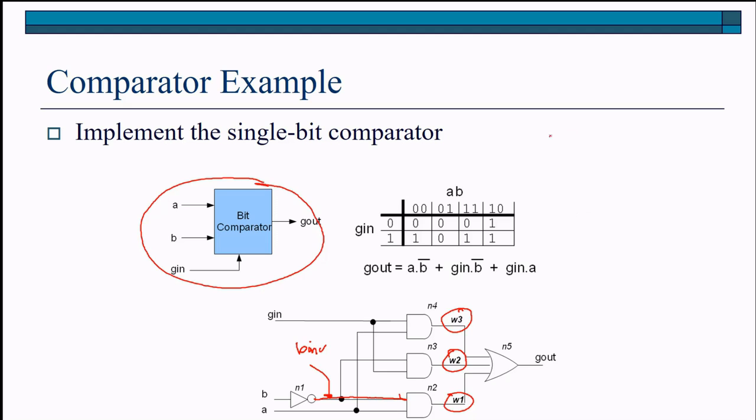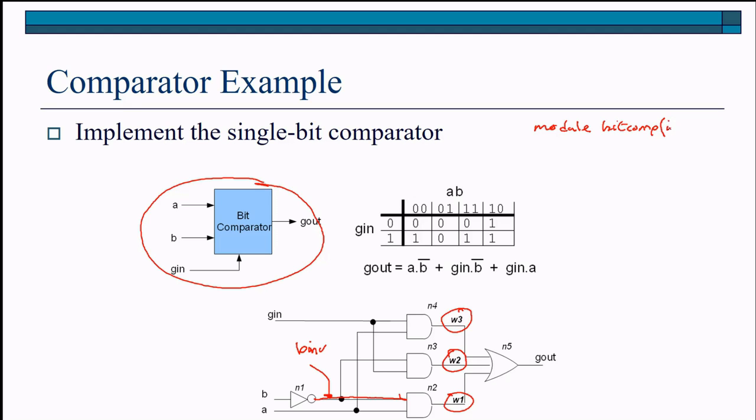Our next step is to implement a module for this comparator. So let's do so. We start with the module keyword. We have to give it a name, so let's call it bit comparator, BITCOMP, and then we've got to list our inputs and outputs.